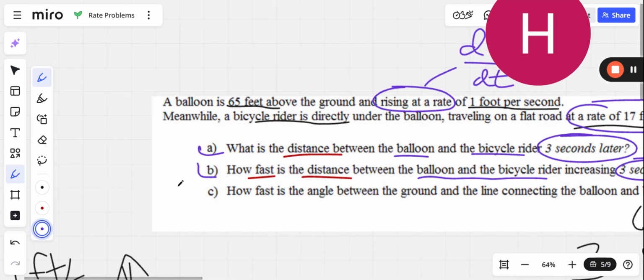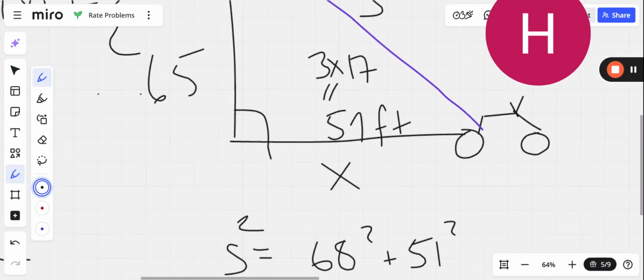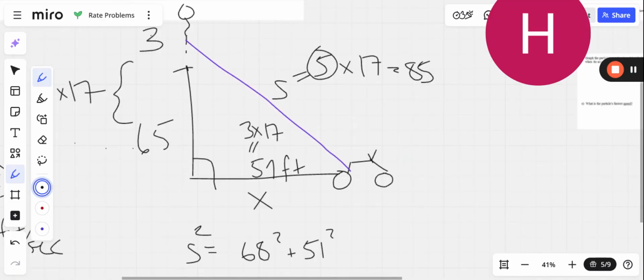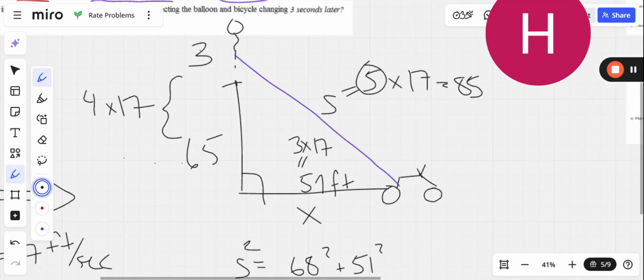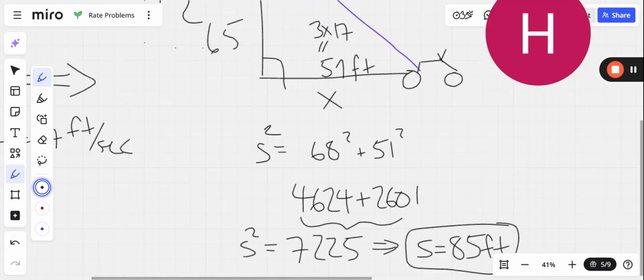So now what are we looking for? We're looking for ds/dt. That's for part B. So we can use the Pythag equation, and we can actually use the same snapshot moment in time for any measurements that we might need.